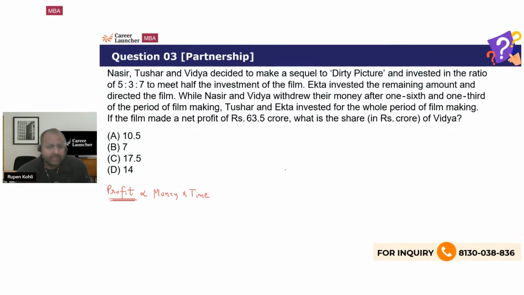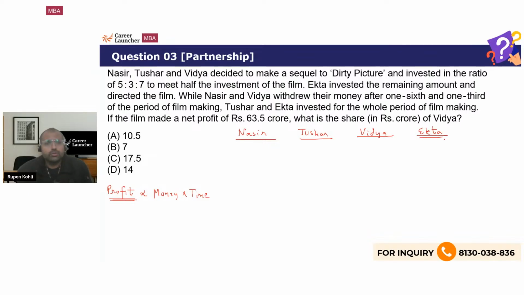So you have to find the ratio of this parameter for the persons involved. There are four persons involved, not one, not two, not three, but four. Obviously, filmmaking is not one man's job. So there is Nasir, Tushar, Vidya, and also our Ekta.